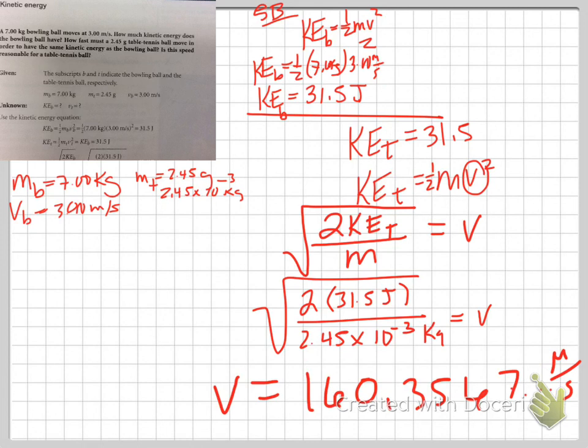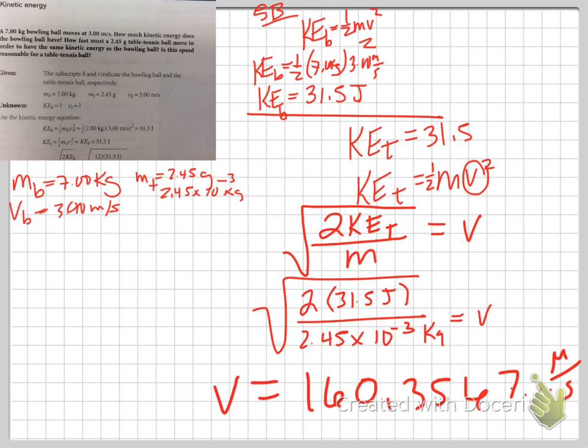We get a raw number of over 160 meters per second. Probably not a reasonable velocity to achieve with a ping pong ball. Now, if it's coming off the space shuttle, you could probably get that, but it's probably not coming off the space shuttle when you hit it across the table or roll it down the alley.